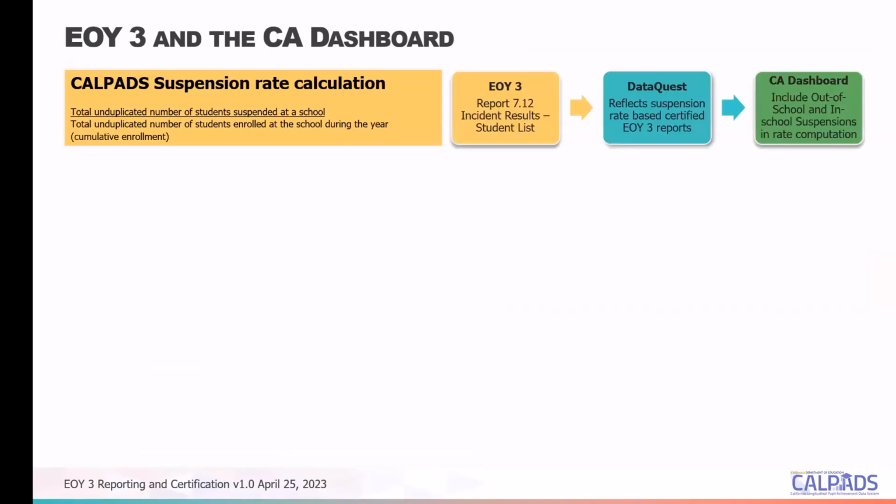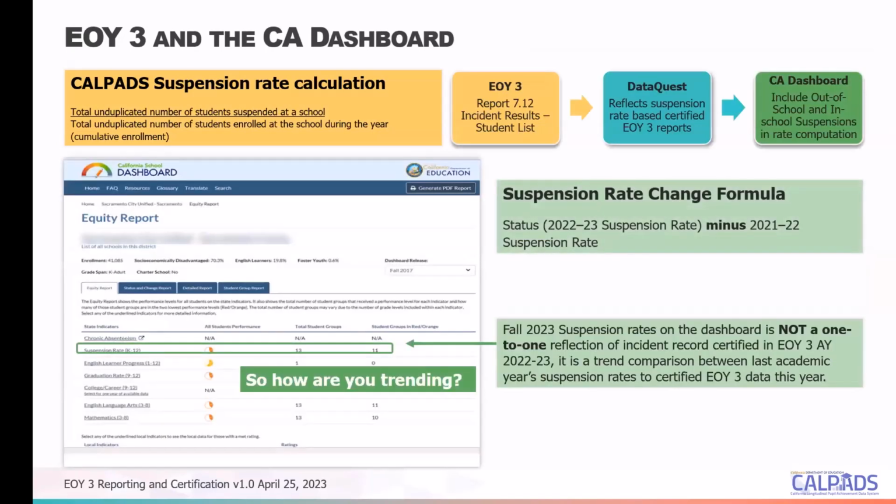It's also used to determine your suspension rate. Both are state indicators on the dashboard. So there's a lot of value in the reports. End of year 3 is the largest data collection. We can only encourage you to certify end of year 3 in advance of the July 28 deadline, so that there's adequate time to examine the reports for reasonability and completeness.